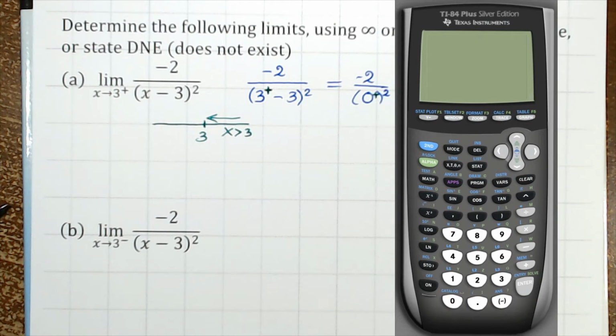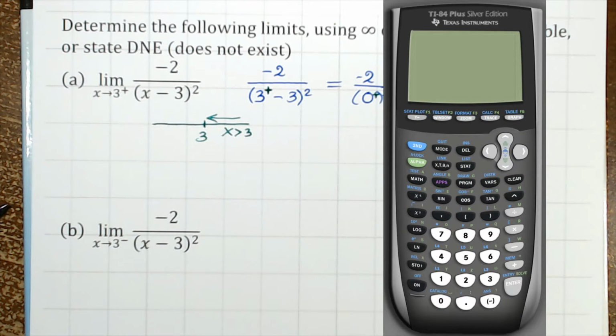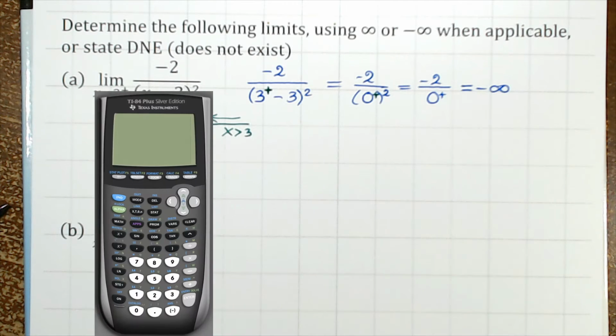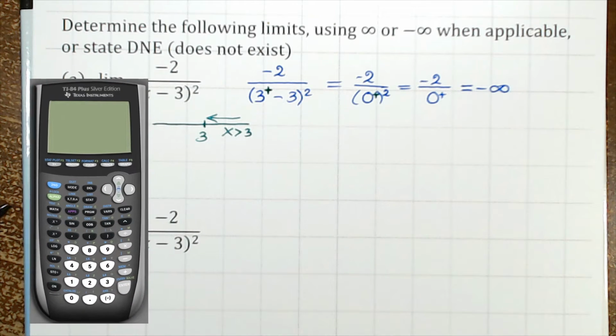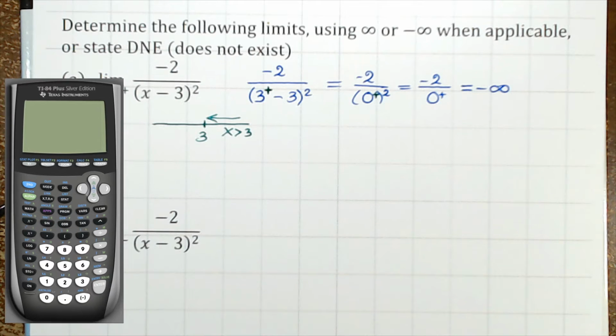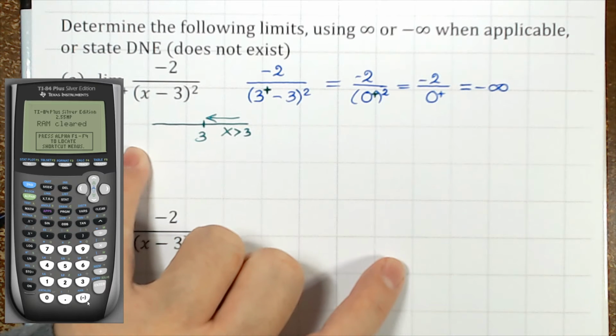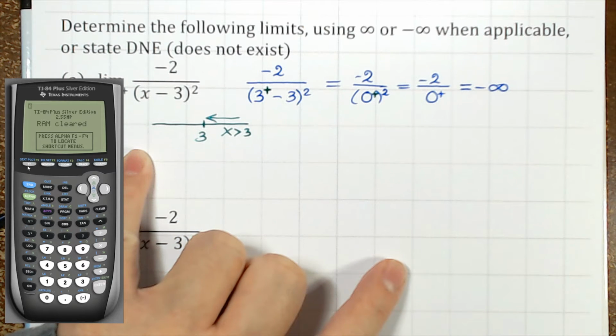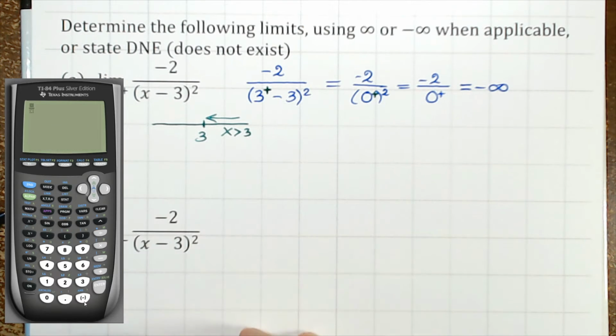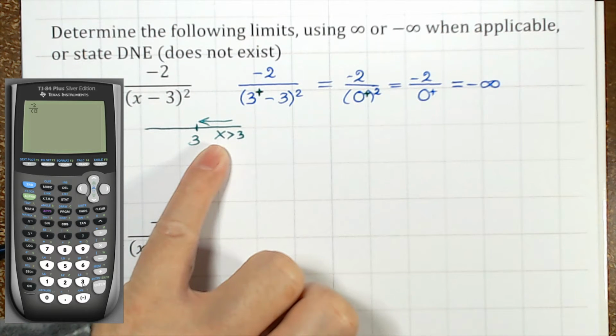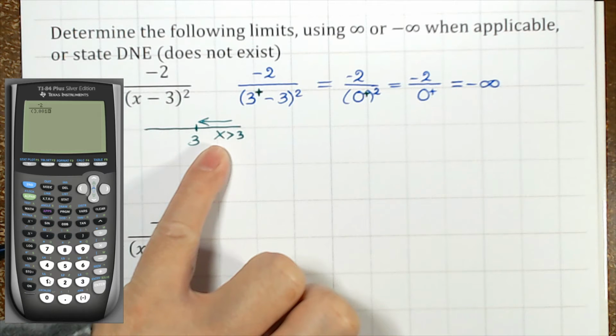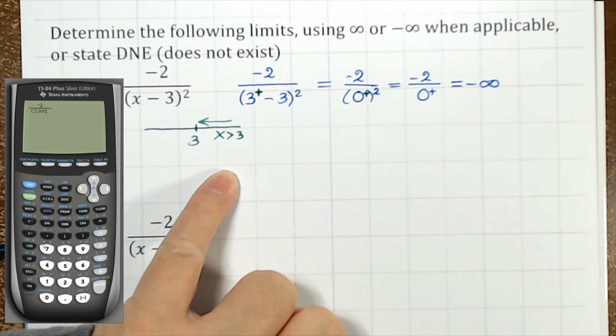So we hit alpha y equal to, we have negative 2 over something on the right of 3. We could choose 3.001, something like that, and then minus 3, and then square.